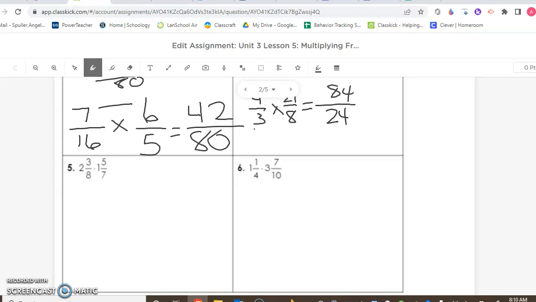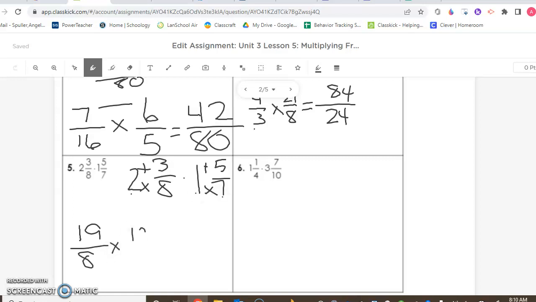All right, let's get these in. 2 and 3/8 times 1 and 5/7. Okay, so 16 plus 3 is 19 over 8 times 7 plus 5 is 12 over 7. So we get 56.